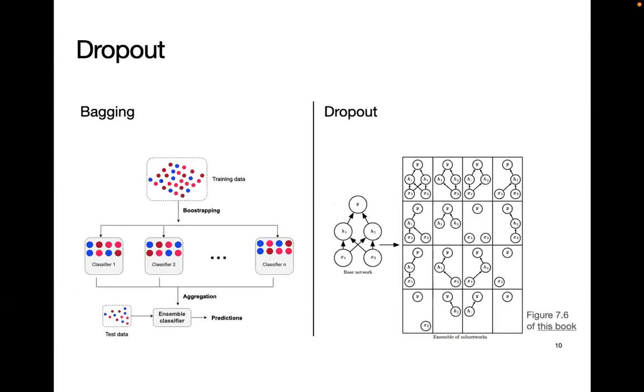However, in dropout, we can leverage something. Let's see what we are leveraging. Here we said that we train these models individually, independently. But here, if we take these small networks, these are all the possible subnets that we can build from this one. What you notice is that there are some subnets that still share some neurons.